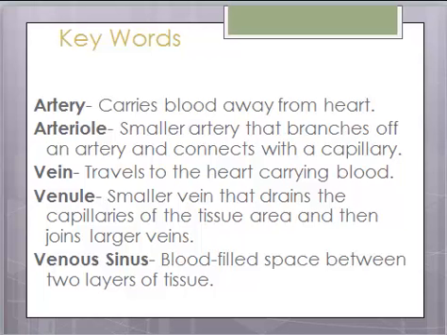Let's look at it. Oxygenated blood will leave the heart through the aorta. It will travel through arteries into an arteriole. It will come to a capillary bed where there'll be an exchange. In this capillary bed, the venule is attached, so it goes arteriole, capillary bed, venule.